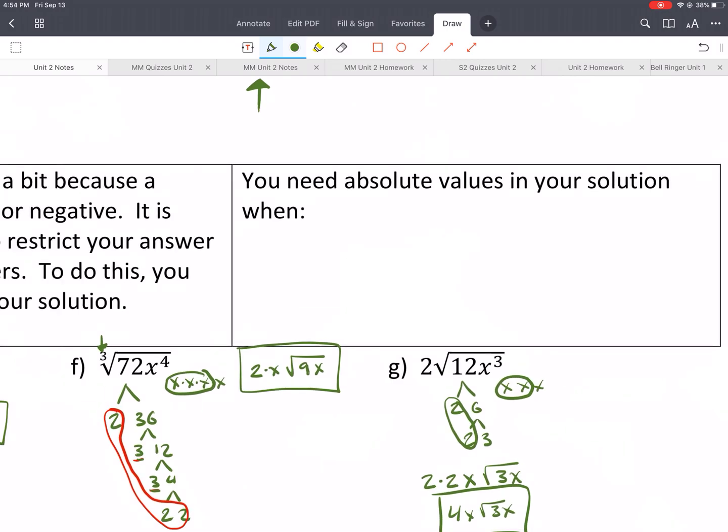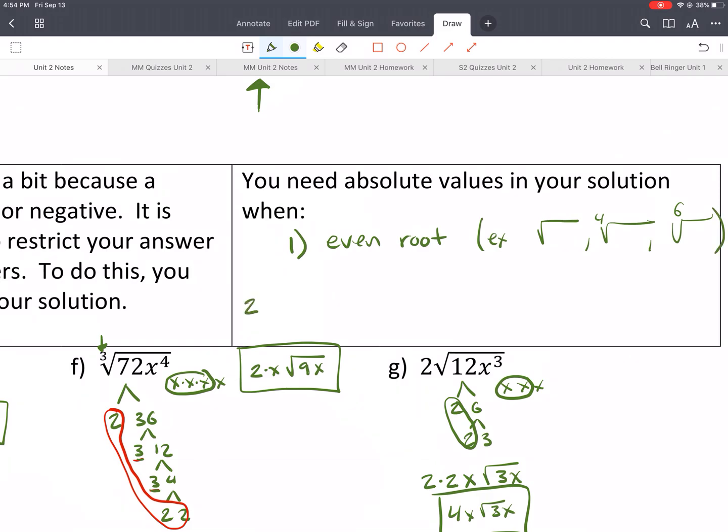Okay, here's the conditions. 1, we have to have an even root. Okay, so even root example would be something like a square root, or a fourth root, or a sixth root, anything that has an even root.